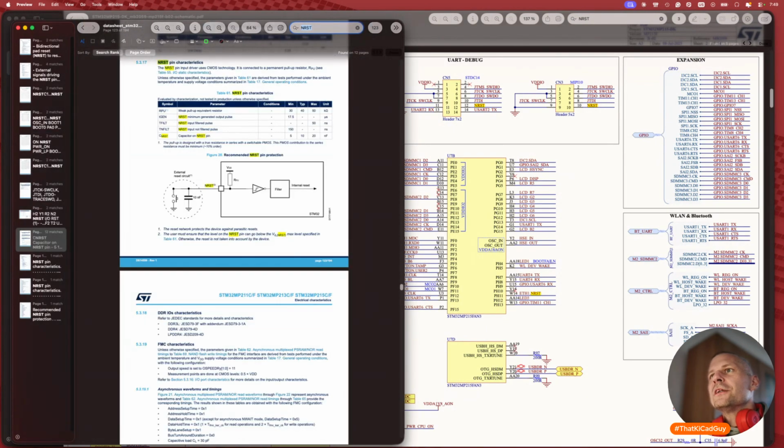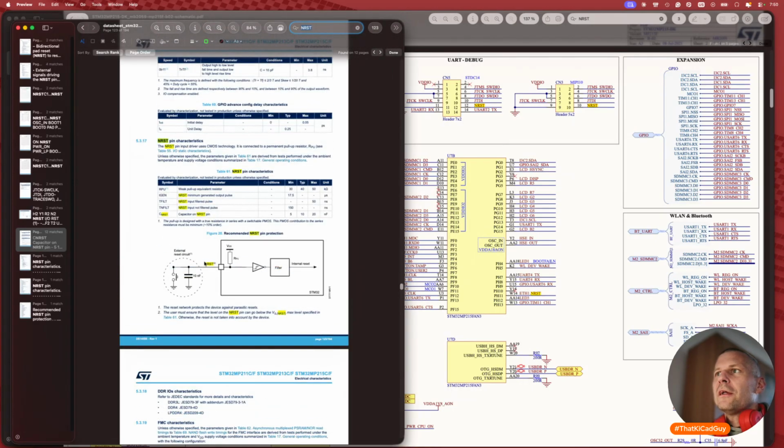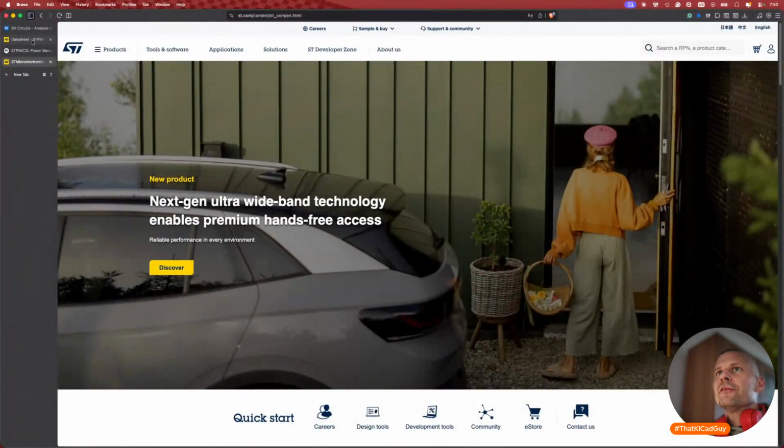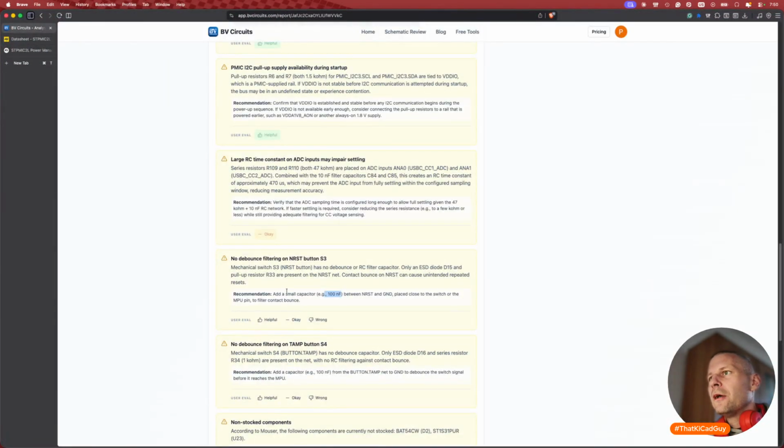Sometimes in the datasheet there is 10 nanofarads, which is a recommended value. There is a weak pull-up inside, 40K. I think it's correct. The finding is okay, or helpful, because I double checked it and I'm pretty sure now, so helpful.